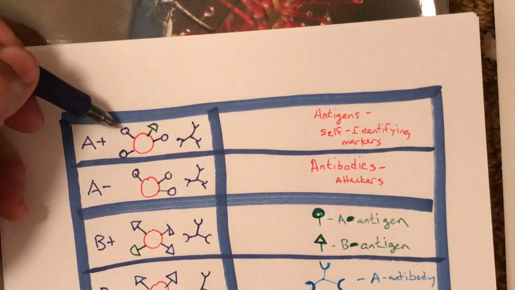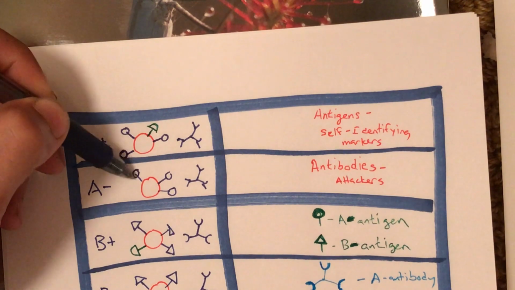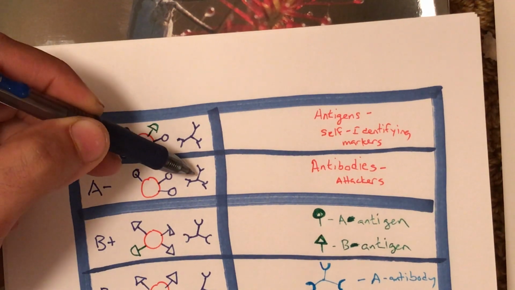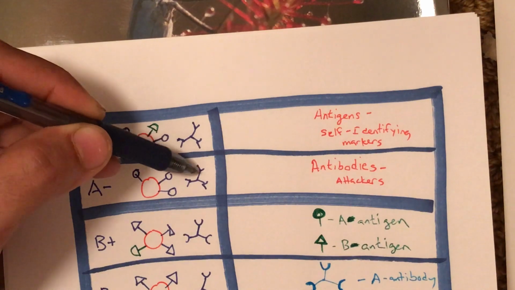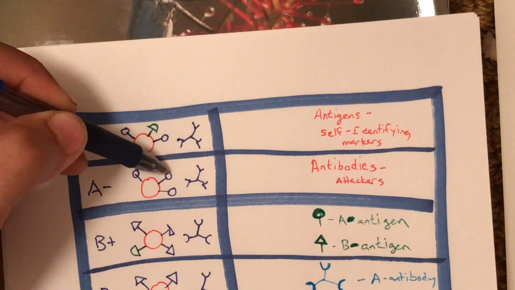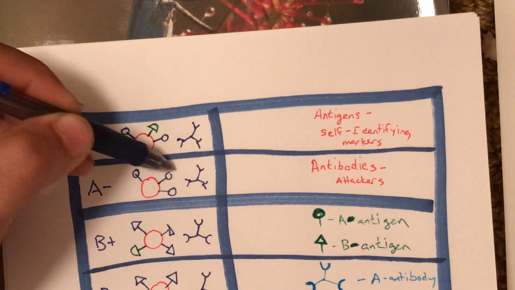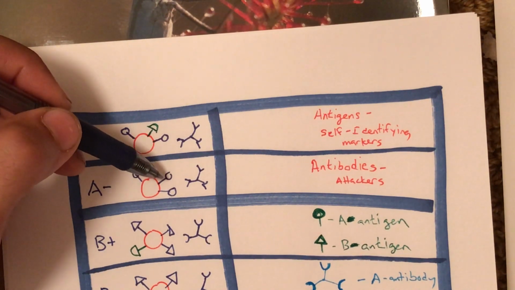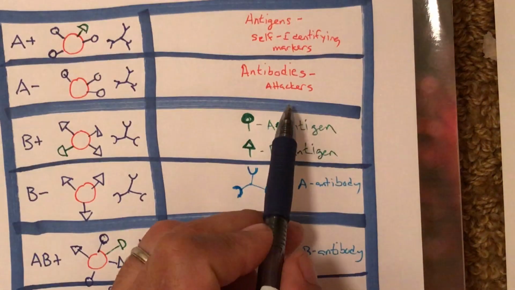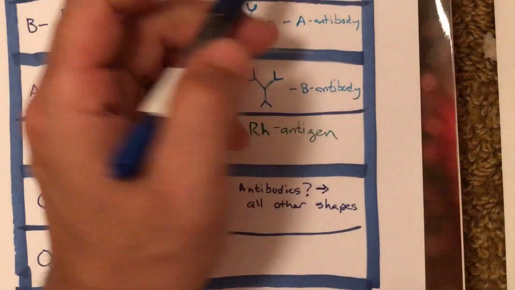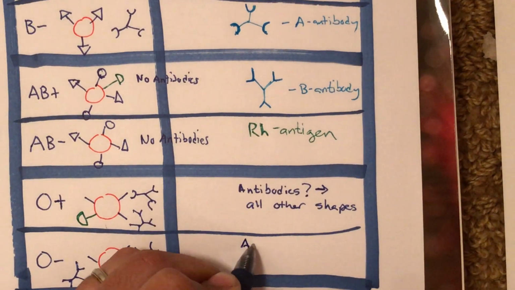Because if this person has circular antigens and they had circular antibodies, the circular antibodies would fit into the circular antigens and they would clump. That is a bad thing, which is essentially attacking, and that is called agglutination.